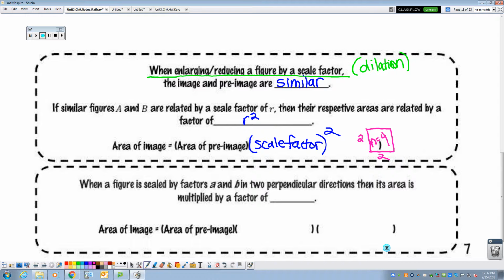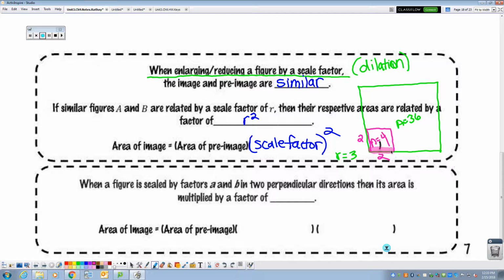If I dilate that box by a scale factor of, let's just say 3, this side's going to become 3 times as long, this side's going to become 3 times as long, and now my new area is how much? 36.